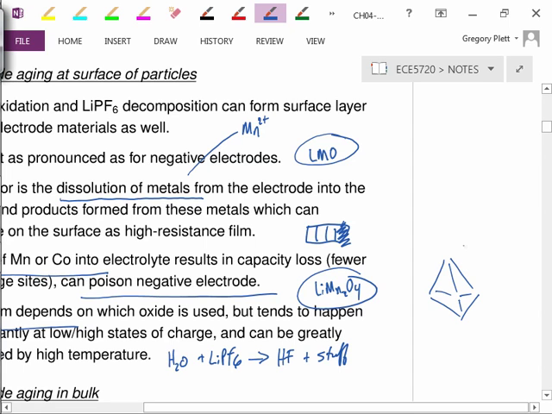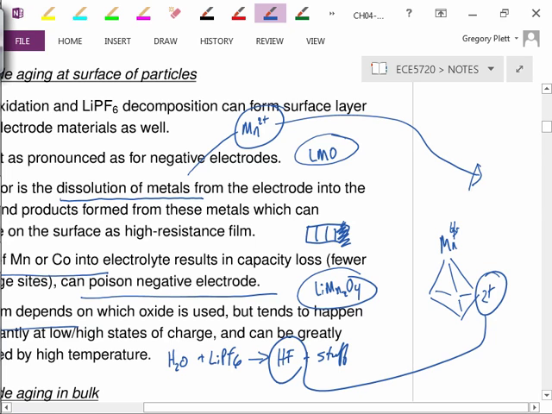And inside of this, the manganese is nominally at a 3+ oxidation state. However, just due to electron motion and so forth, some of them could be in a 4+ state and others could be in a 2+ state. And these 2+ ones form with the hydrofluoric acid, and it dissolves the manganese into just Mn2+ in the electrolyte.